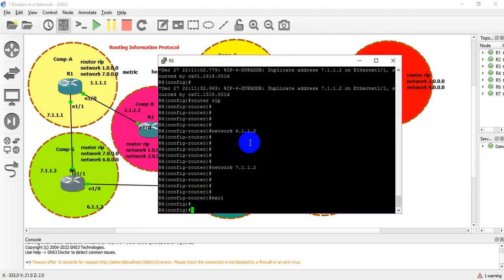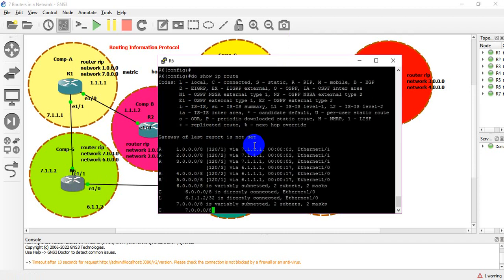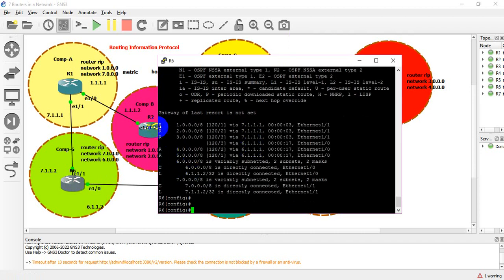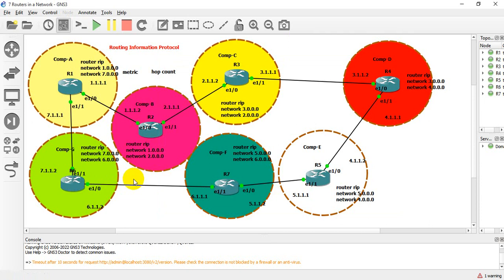Yes, and finally this one. 1, 2, 3, 4, 5, 6, 7. All the routing tables are completed.